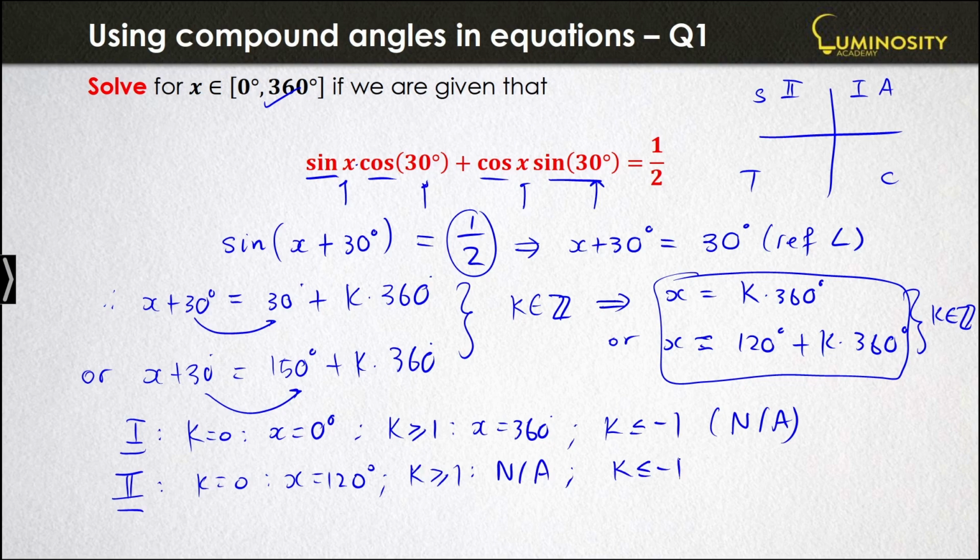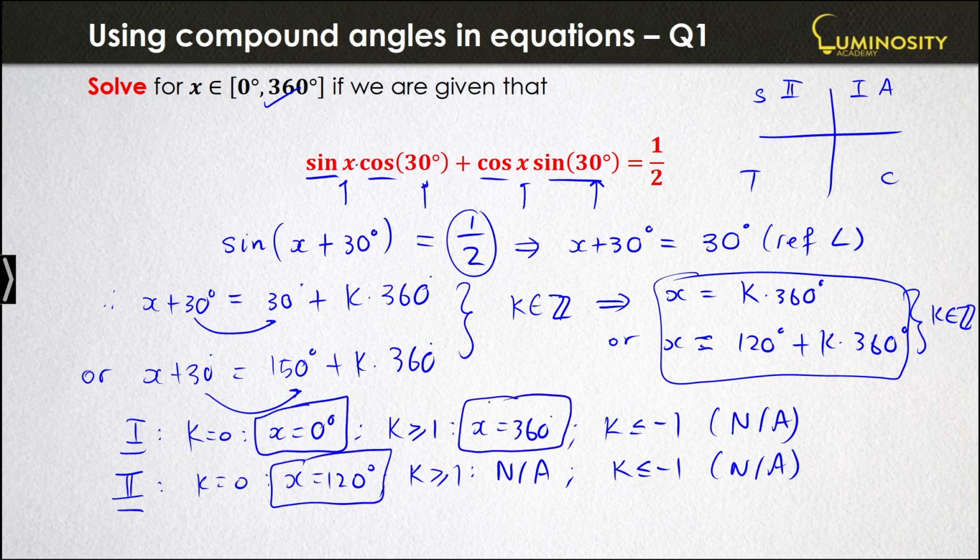Similarly, 120 minus 360 is going to be negative 240, which is less than 0 degrees, so there are no solutions for any negative integer parts. So the only solutions are x equals 0 degrees, x equals 120 degrees, and x equals 360 degrees.